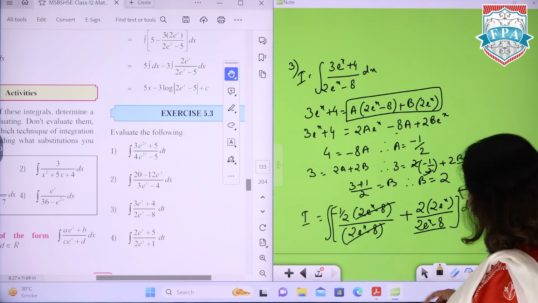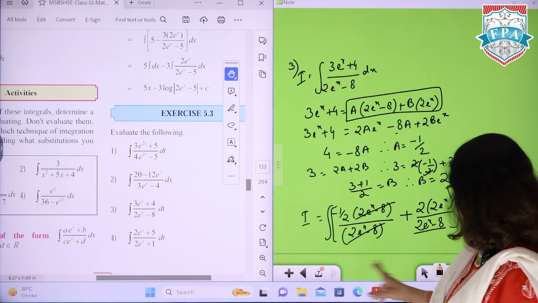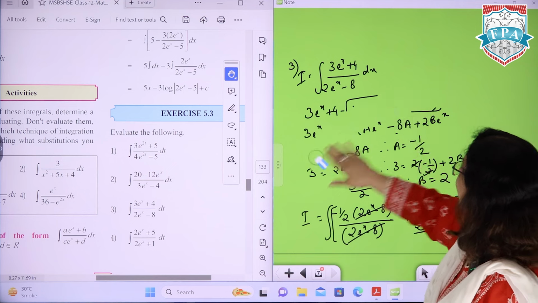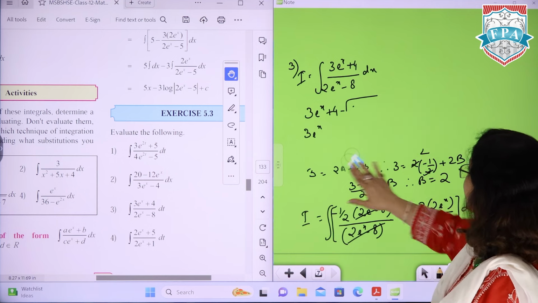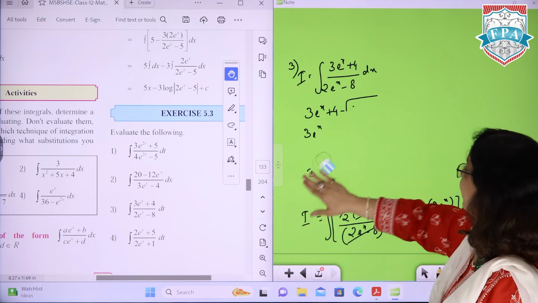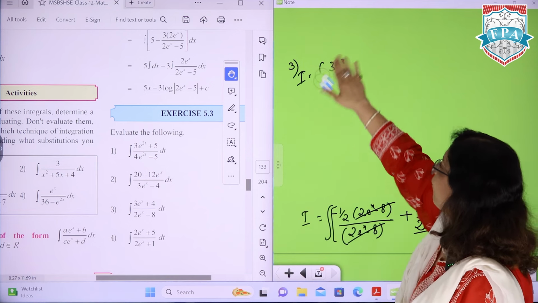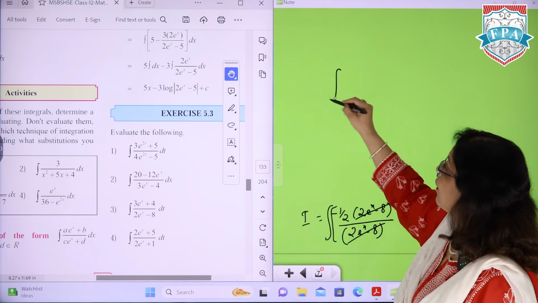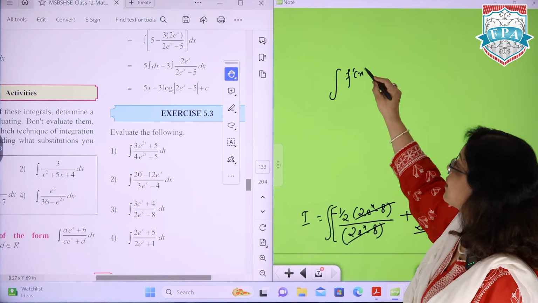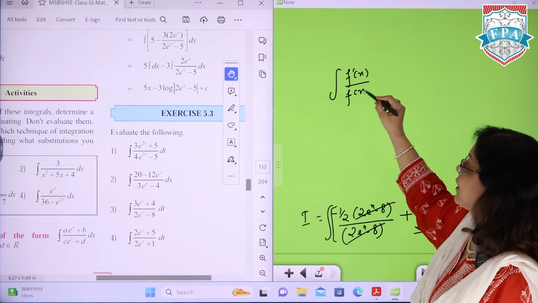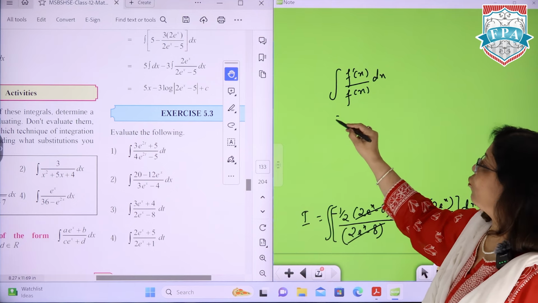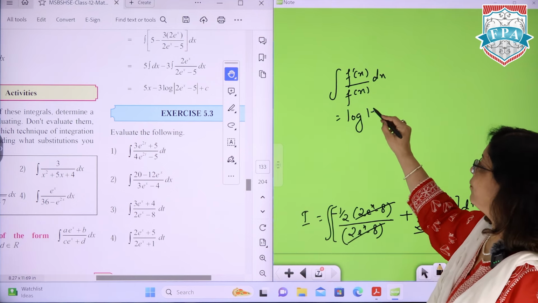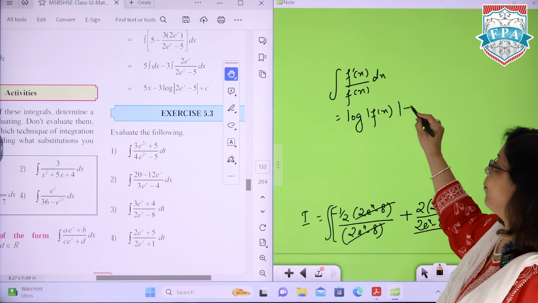Now there is a rule as such that you can take this as a direct formula also: integration of f dash x upon fx dx is actually log of fx plus c.